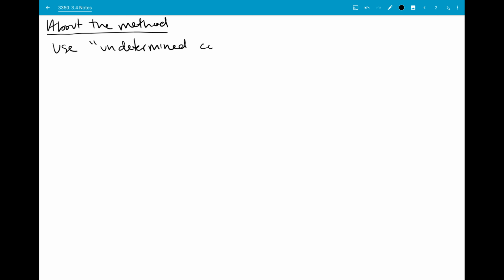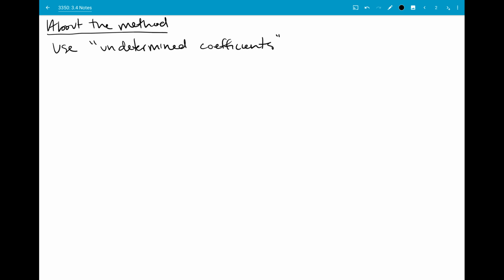But before we do all that, let's talk about the method itself and why we're covering it. So what we're going to do is use this method called undetermined coefficients in a very particular situation.